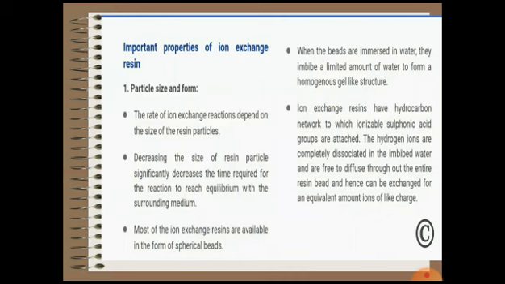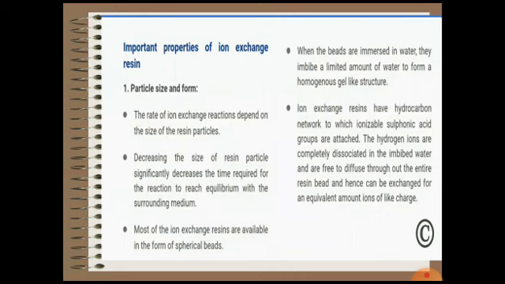In the case of a cationic resin, the hydrogen ions are completely dissociated in the imbibed water and are free to diffuse throughout the entire resin bead, and hence can be exchanged for an equivalent amount of ions of like charge. This is an example of a cationic ion exchange resin, with hydrogen ions and sulfonic acid groups.